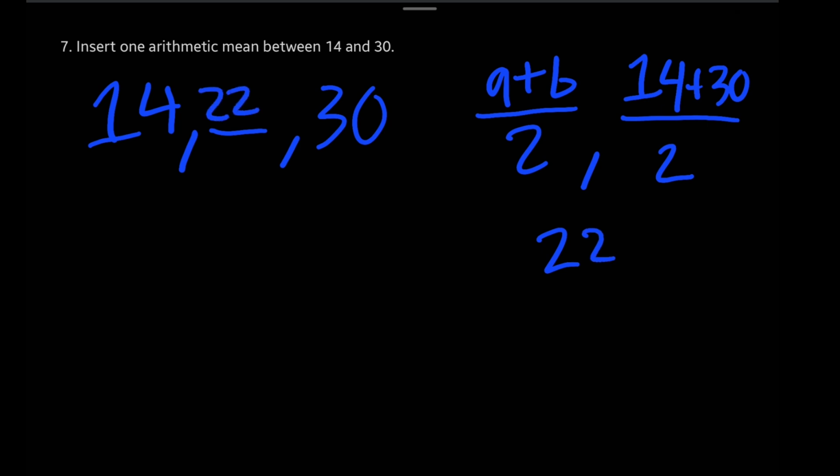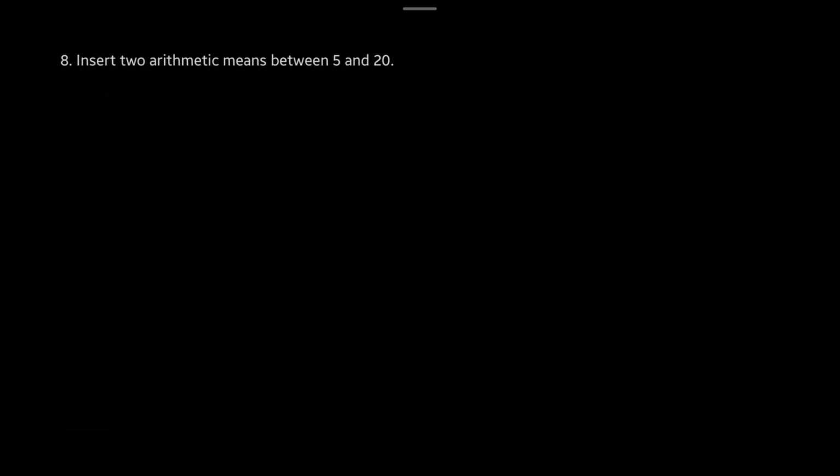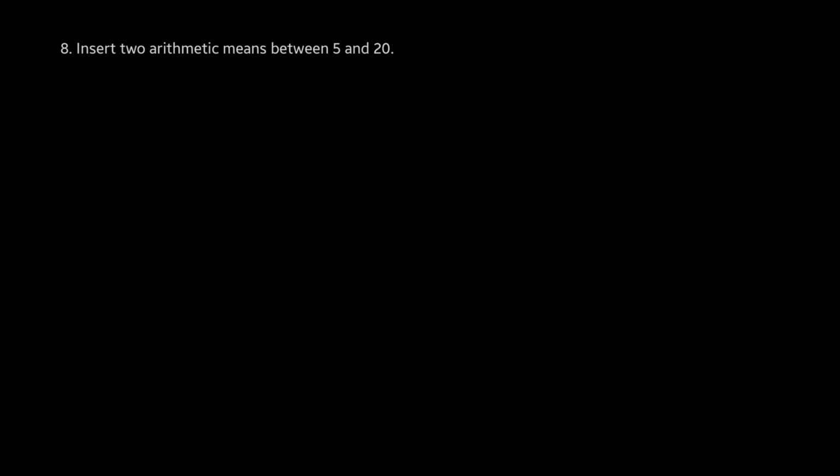But as you may have noticed, moving on to a similar mean: insert two arithmetic means between 5 and 20. This time we need two values. So 5, blank, blank, 20.